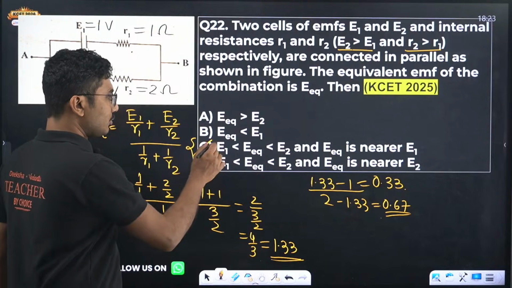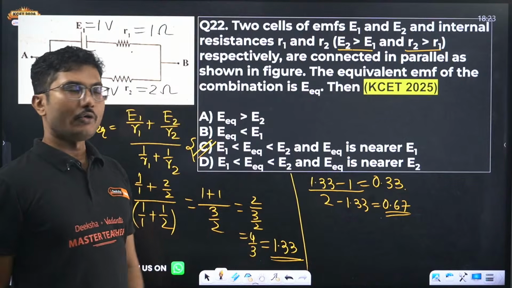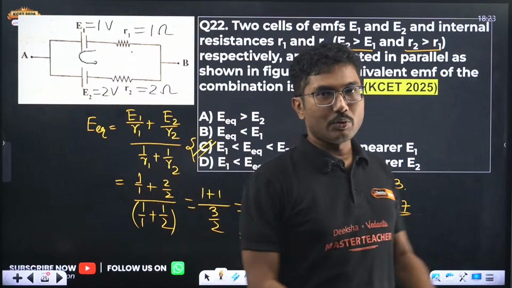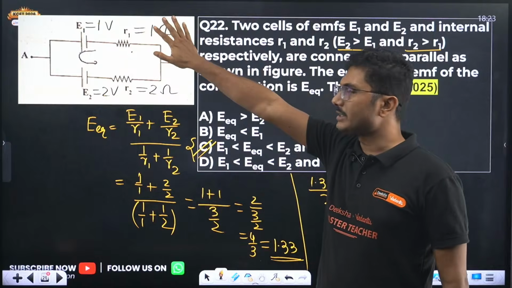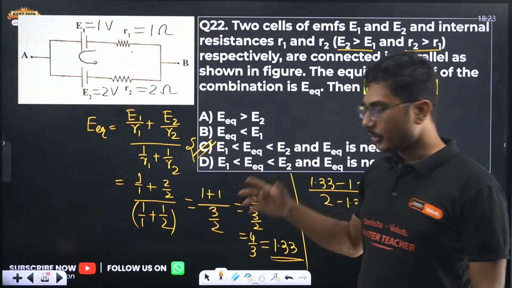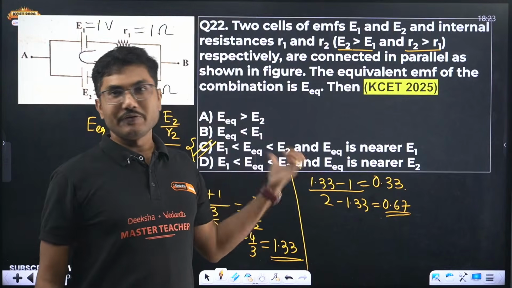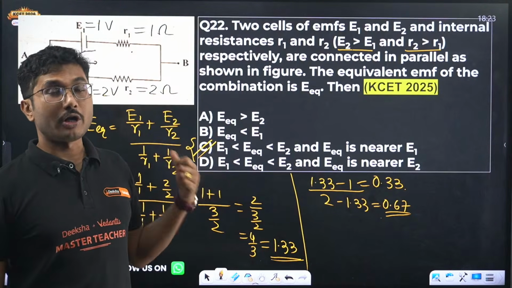So you just solve it by taking your imaginary values. You can take any other values as you want. I have taken the simplest, easiest possible values, which saves some time. After doing it we realize that the equivalent EMF is closer to the smaller EMF.